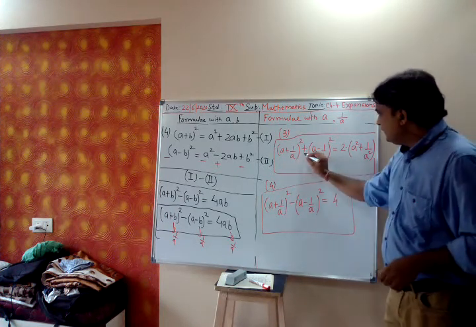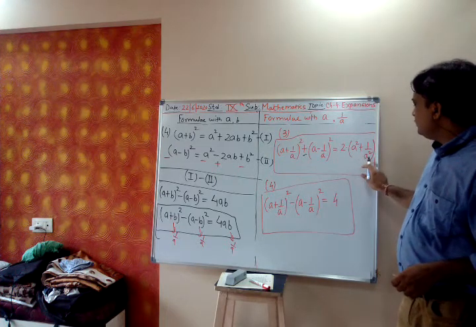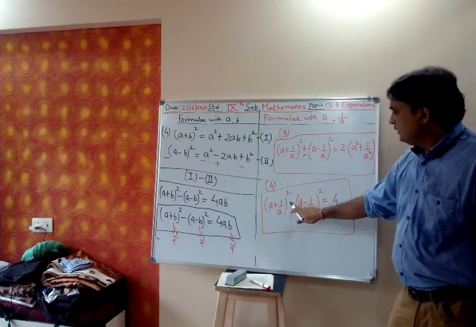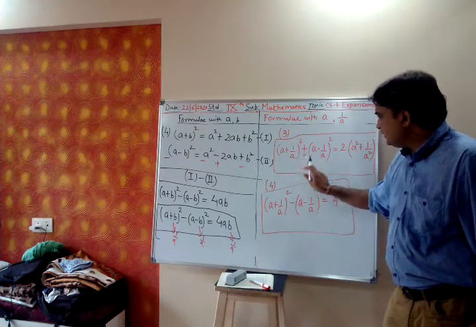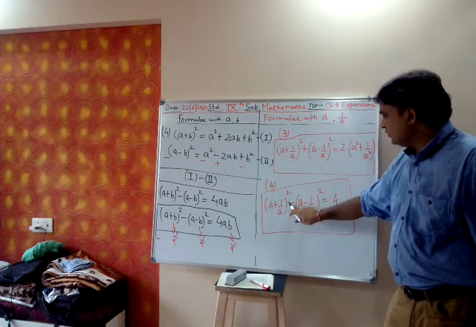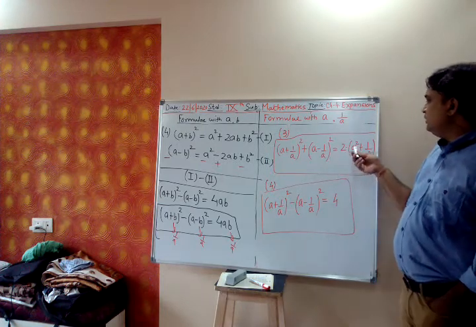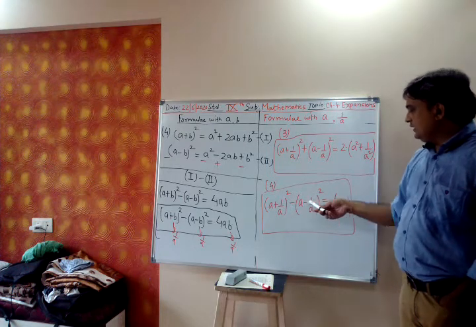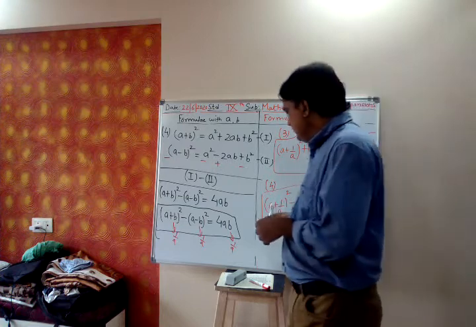If there is plus sign, then it is 2 into a square plus 1 upon a square. If there is minus sign, it is only 4. So when there is plus sign, it is 2 into a square plus 1 upon a square. When there is minus sign, it is 4. So this observation you have to remember.